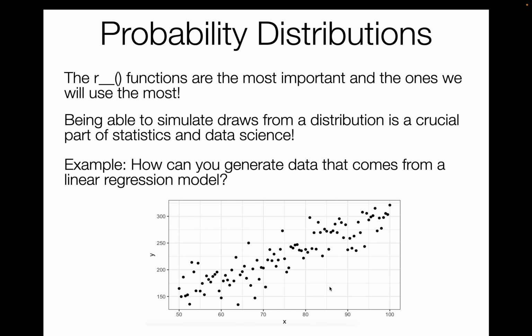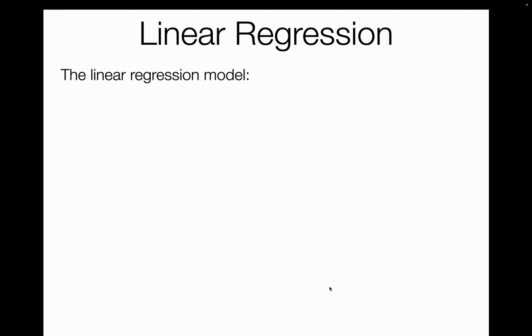Okay, so how do I generate data that comes from a linear regression model? Well, I guess first you need the model itself, which we'll get to in a little bit more depth later on. But it is this. Now this looks a little bit scary, but think back to your regular math curriculum. y equals mx plus b. m is beta 1 here, and b is beta naught.